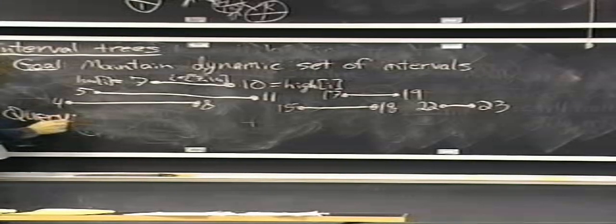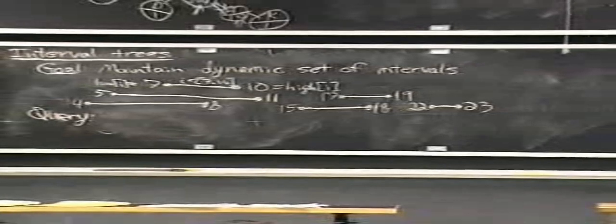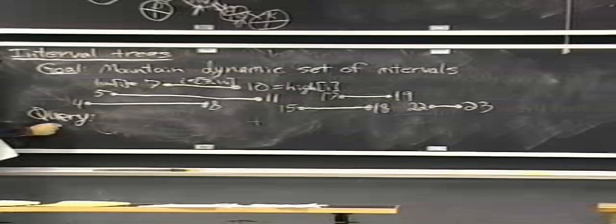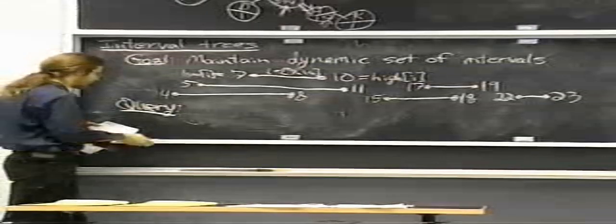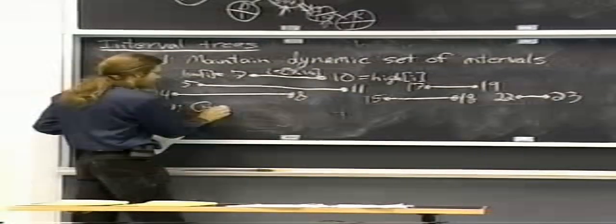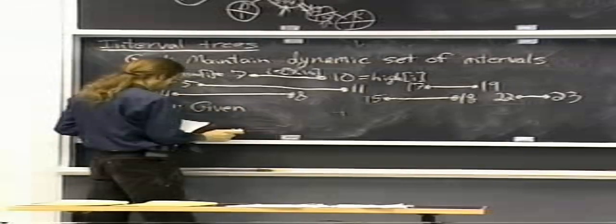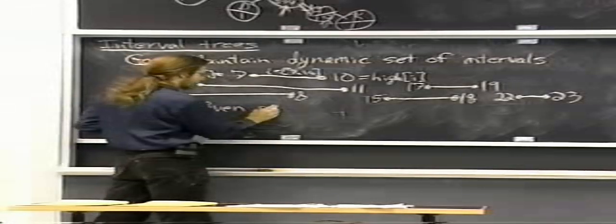Okay, fine, you can insert them and delete them. That's not very useful. Okay, it's very easy to just insert and delete intervals. It becomes interesting when you can ask some queries about all of them together. So suppose I give you another interval. Let's call it the query interval.